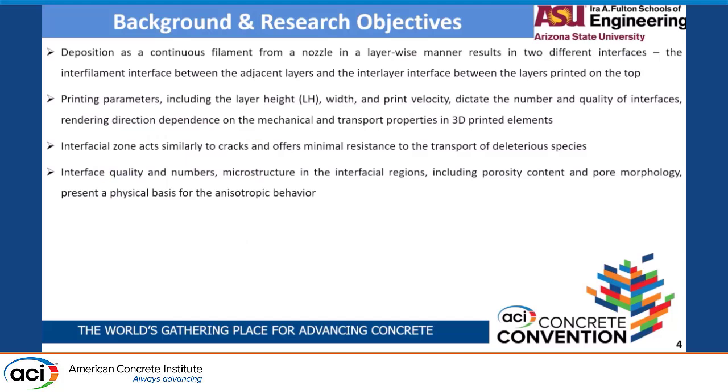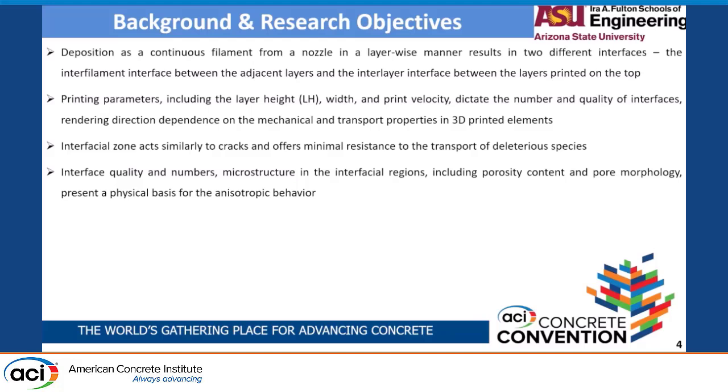But with this technology, with extrusion-based 3D printing especially, we introduce interfaces in this object. So 2 different types of interfaces are introduced. One between the layers that are placed adjacent to each other, which is the interfilament interface, and another interface which occurs between the layers which are placed on top of the layer, which is known as the interlayer interface.